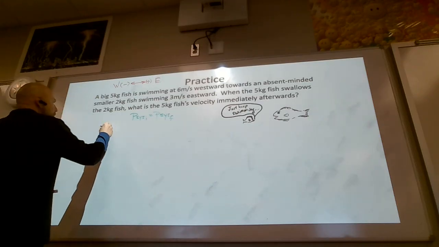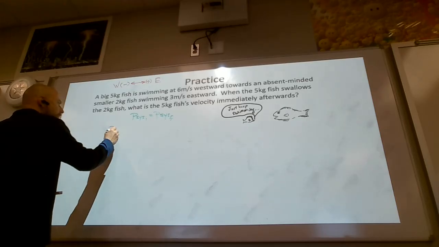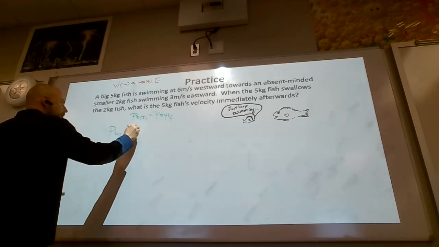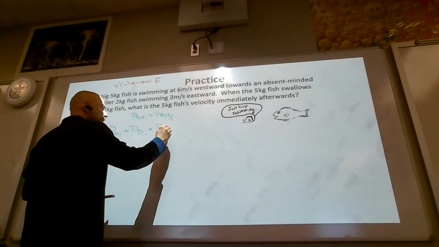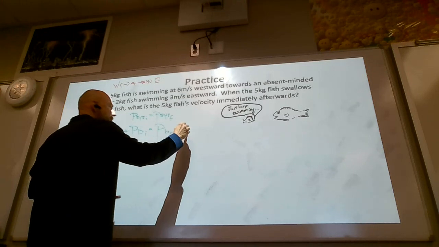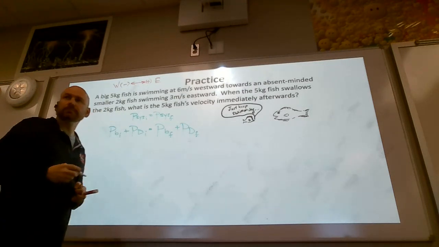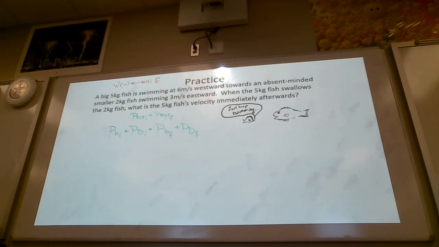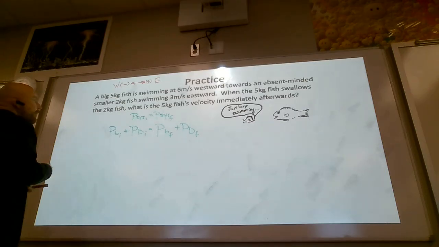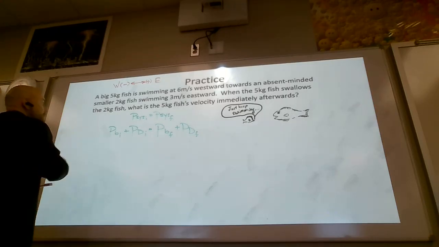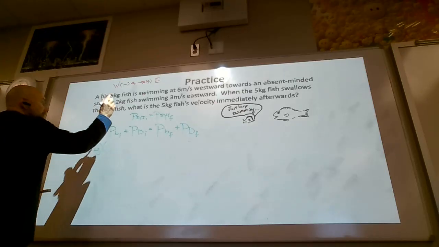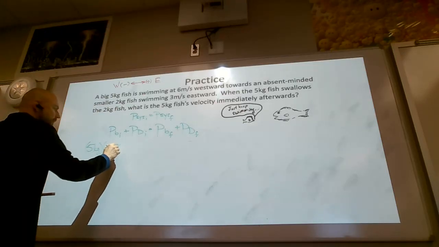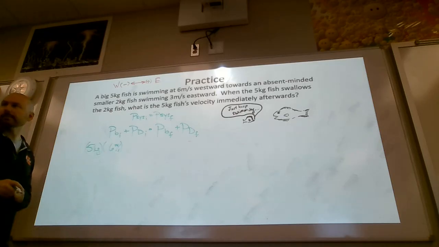So you've got the momentum of the big fish initial plus the momentum of Dory initial is equal to the momentum of the big fish final plus the momentum of Dory final. Good with that? Okay. The momentum of the big fish initial is 5 kilograms times a velocity of 6 meters per second westward.